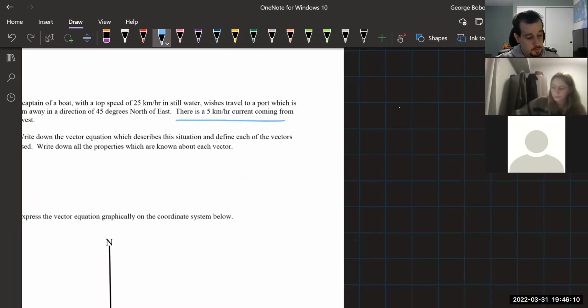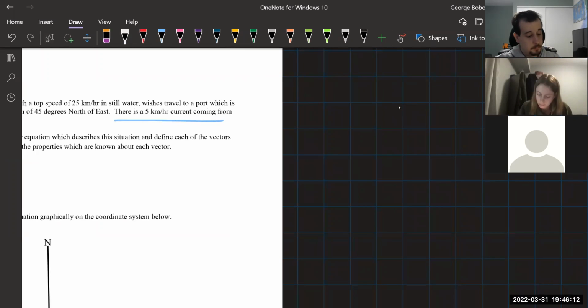All right, so let's analyze these. We started with this one. You have the velocity of the current, or the water, with respect to the ground. This is what is measured when they give you this number. It is 5 kilometers per hour east.